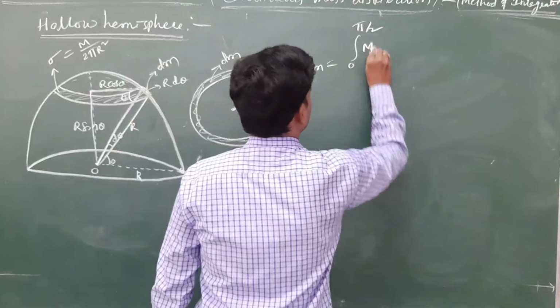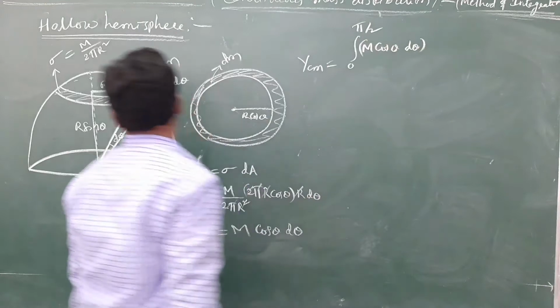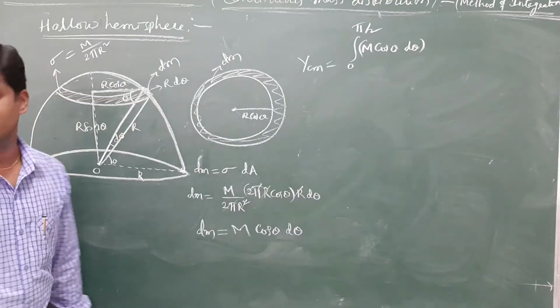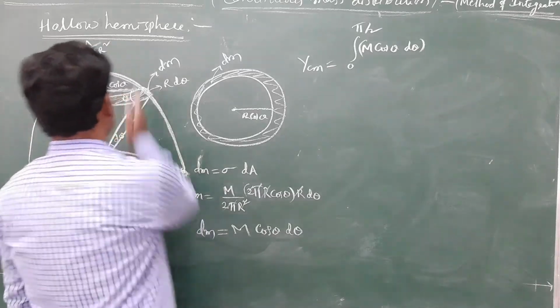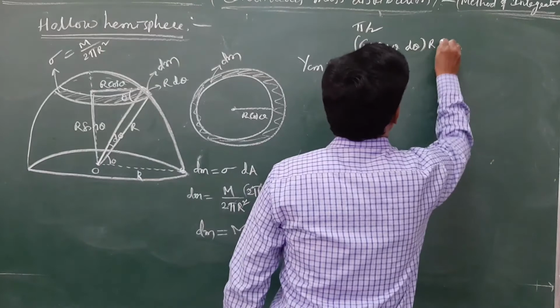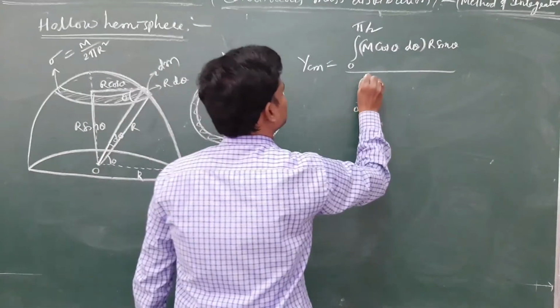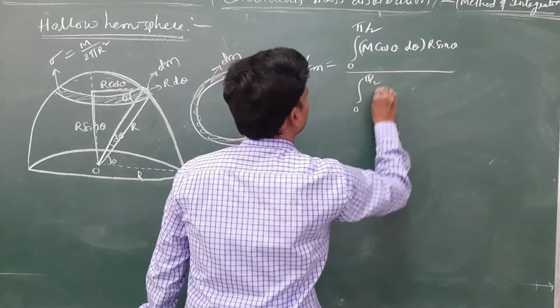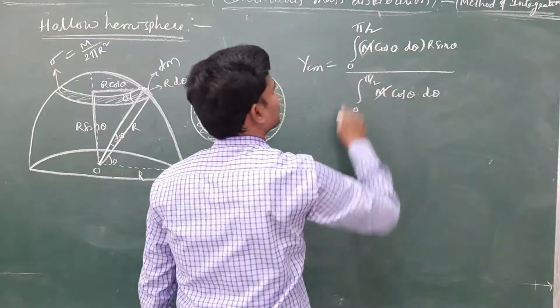dm is nothing but m cos theta d theta. Okay, m cos theta d theta. And the y coordinate of this one is r sin theta. And the integration from 0 to pi by 2 of m cos theta d theta. Okay, simplify these things.